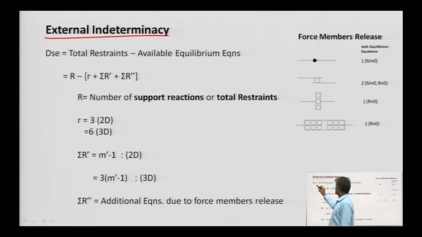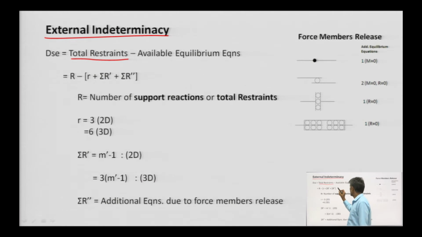Therefore, the external indeterminacy, total restraints, if I am writing restraints here, it means the support reactions. So, total support reactions minus available equilibrium equations.